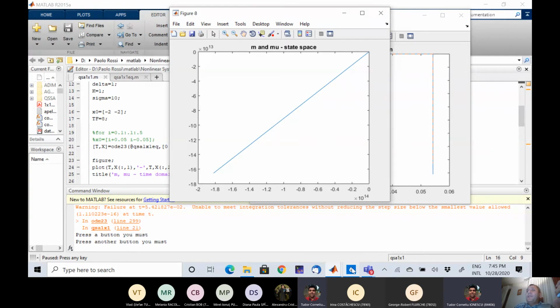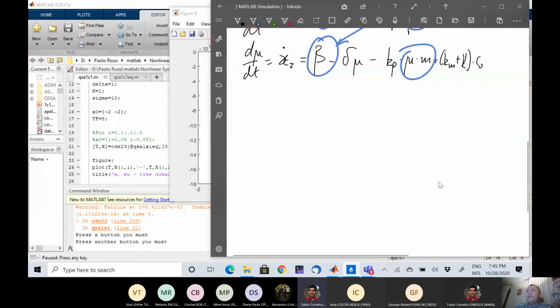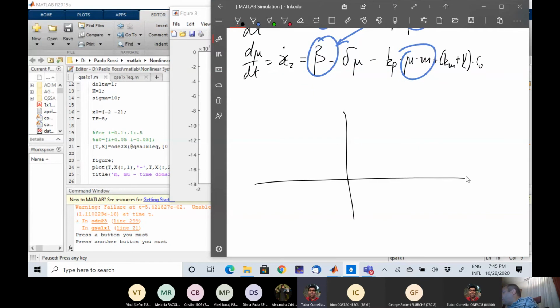So going back here, it's a finite escape time. You will have time here, and this is one of the variables, say x, another example. You will have a vertical asymptote.